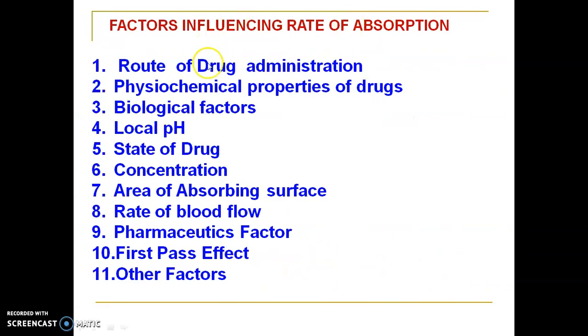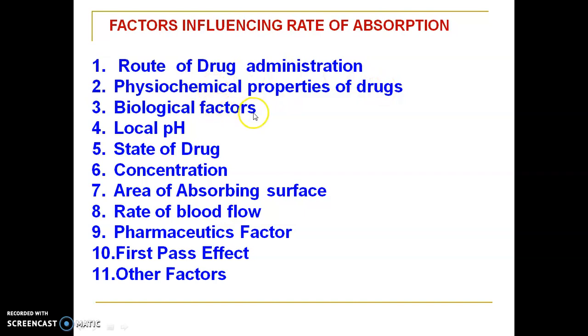So next factor is physicochemical properties. We all know that there are very different kinds of physicochemical properties, including size, shape, lipid solubility. In case of size, smaller the particle size, better will be the absorption. Size and shape: crystalline drugs are better absorbed than amorphous form of the drug. More the lipid solubility, better will be the absorption. In this way, physicochemical properties affect the absorption process.